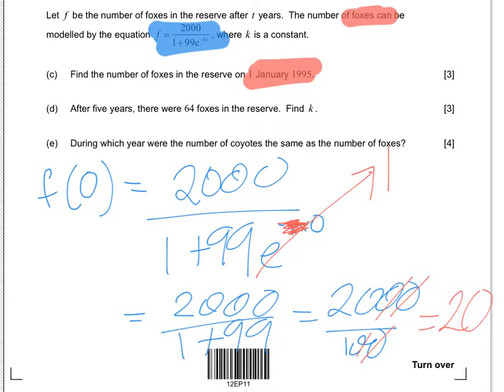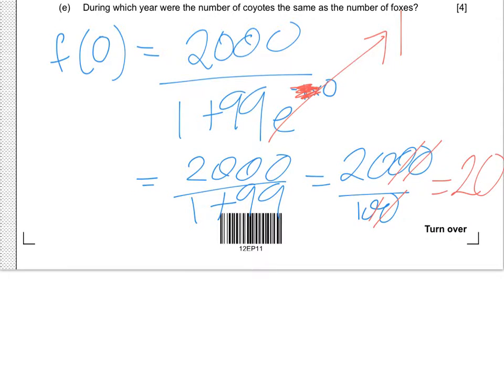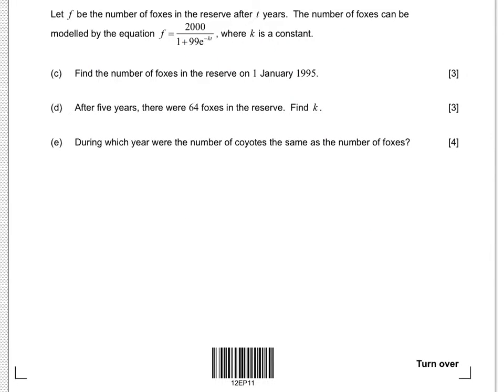Find k. So, again, we're evaluating. We've got 5 years, so t is 5. I don't need to evaluate f of 5. That's what I'm told.